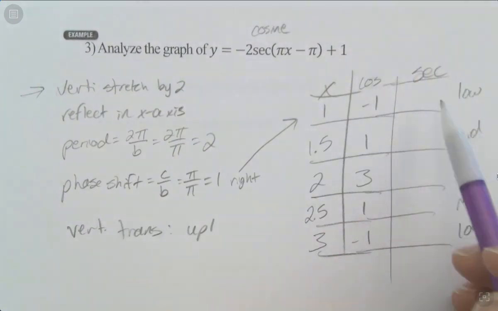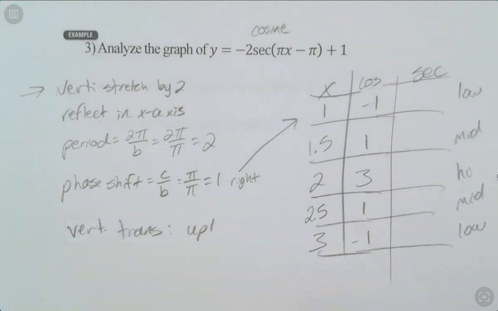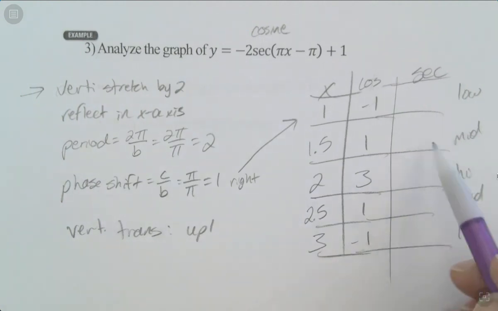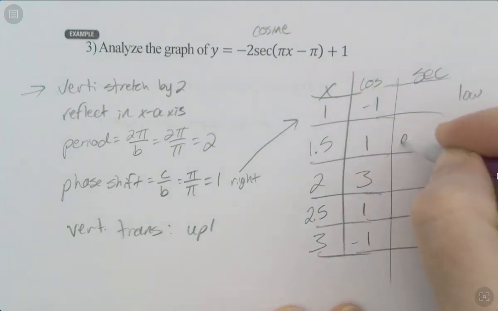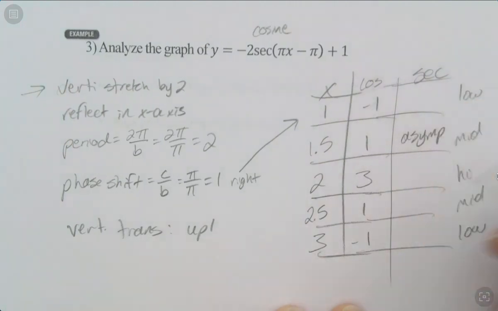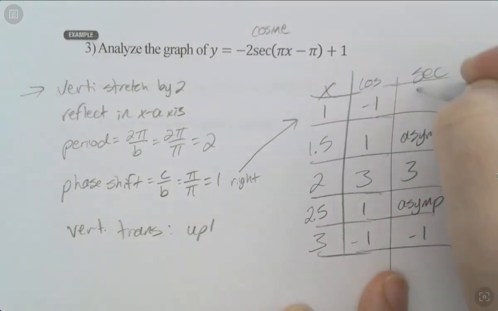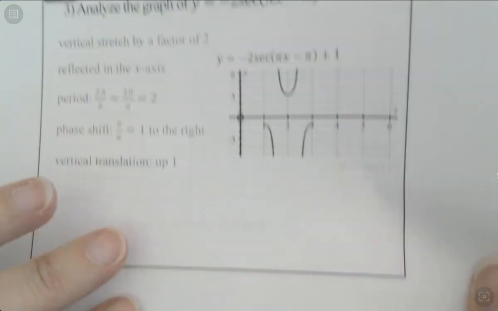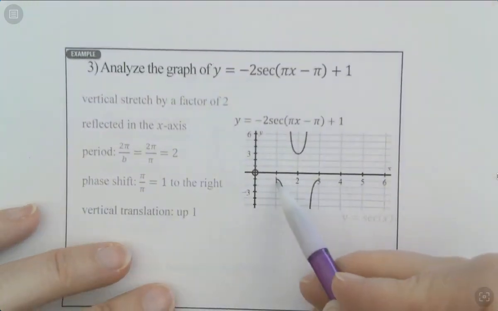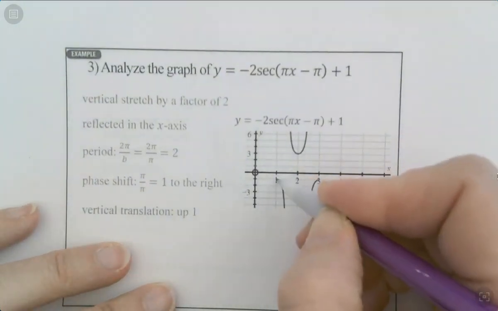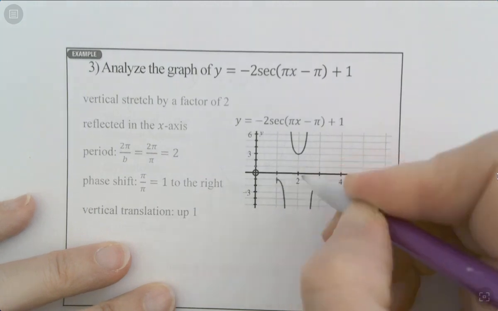So remember, the secant is the reciprocal of all of that. But you have to be careful because the reciprocal of 1 is 1, but that's where you're going to have your asymptotes. The middle points are where you're going to have your asymptotes. So asymptote, asymptote. And it is still going to pass through the -1 and the 3 and the -1. So it'll actually look like this. At 1, it's going to go down to -1, and then at 2, it goes up to 3.